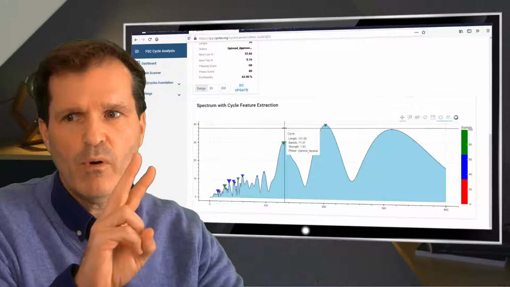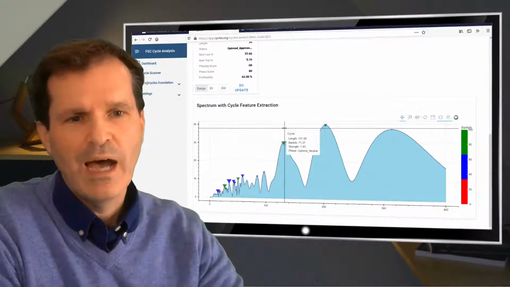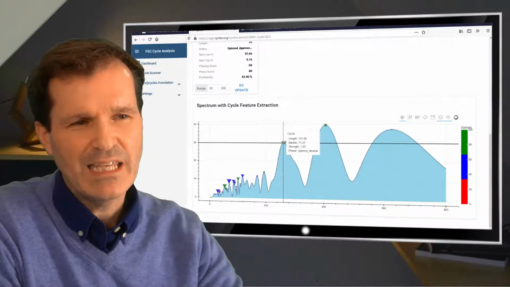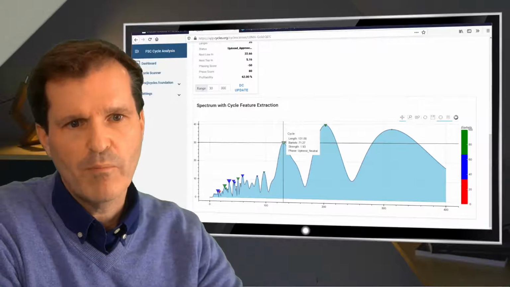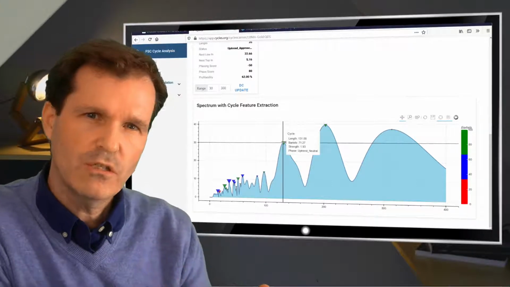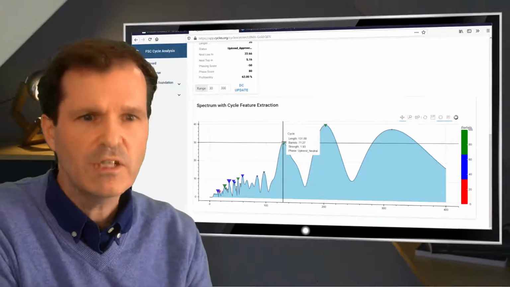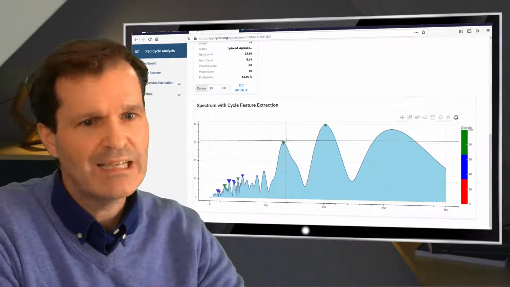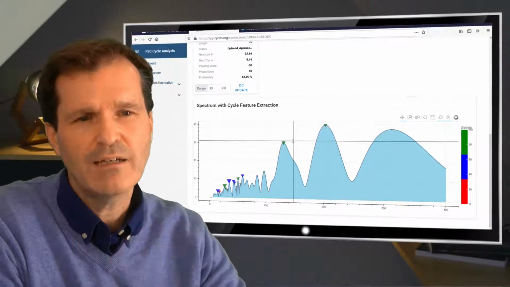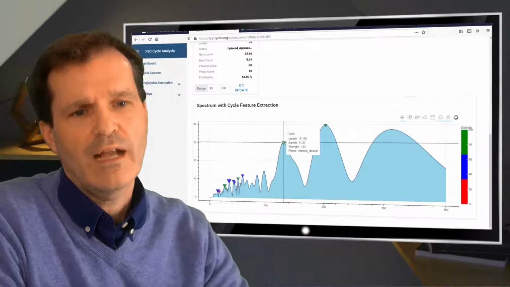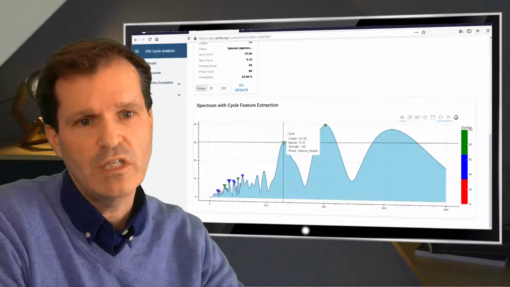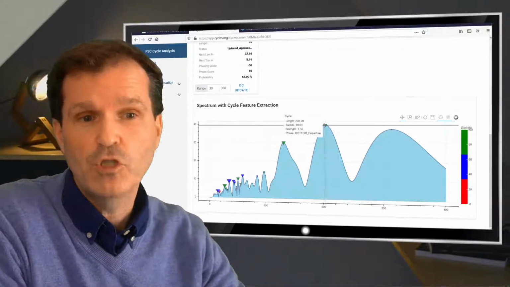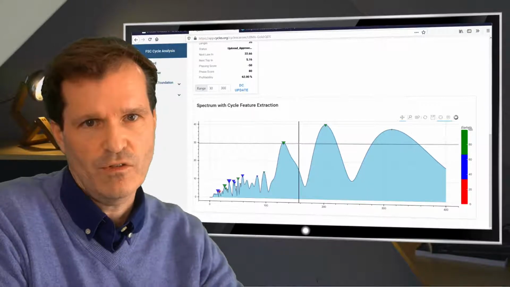Then the second important measurement is to have a look at the Bartels score. The Bartels score is an indication of the statistical significance of a cycle, which is clearly indicated by the green color of these triangles here. The strength is a third measure, which is visualized by the size of the triangles.